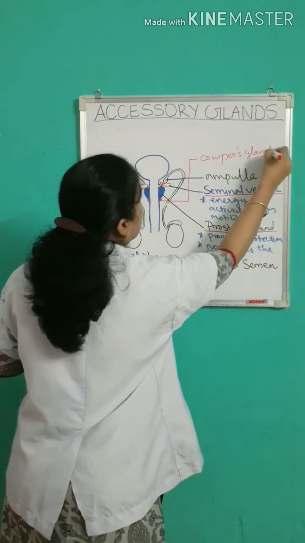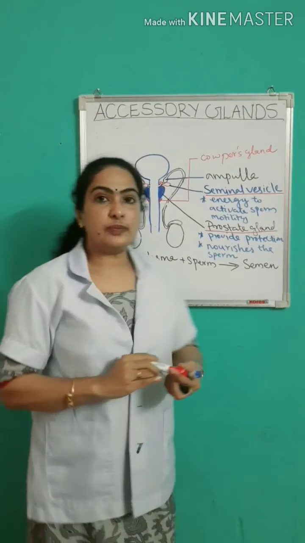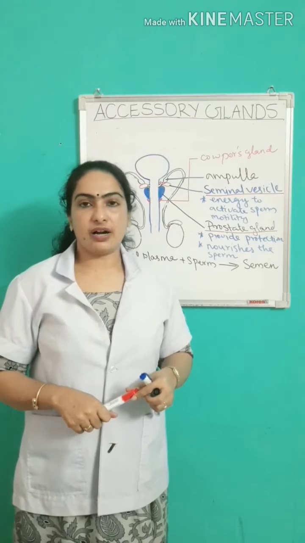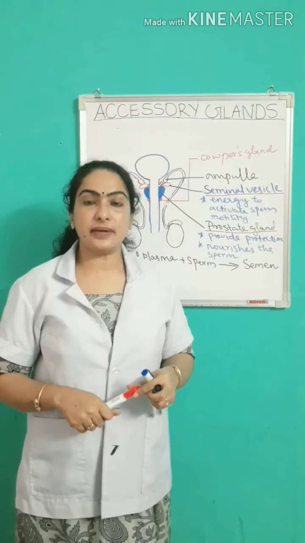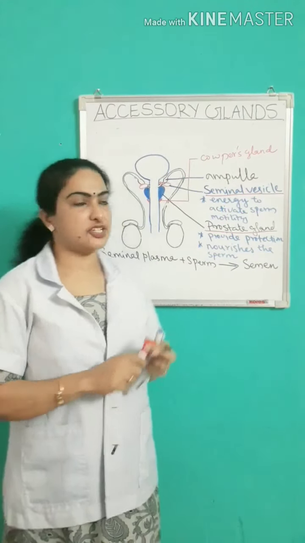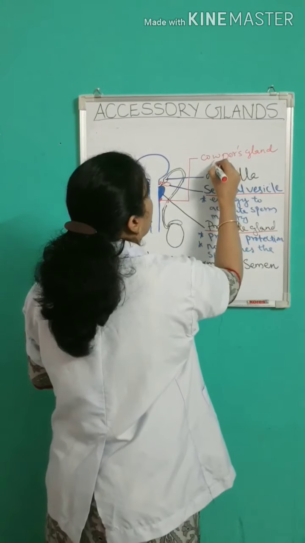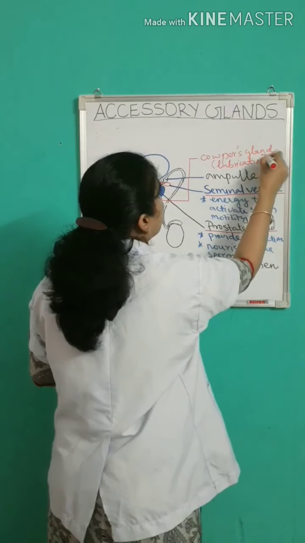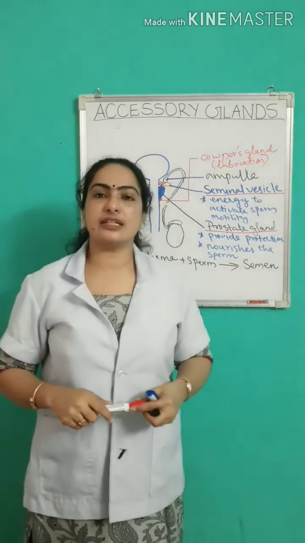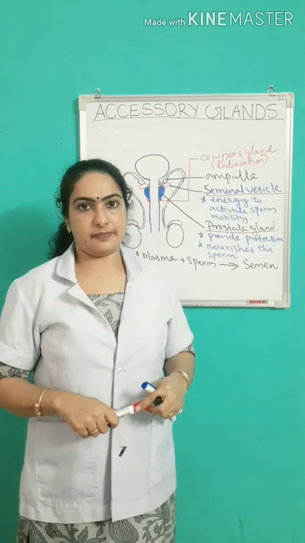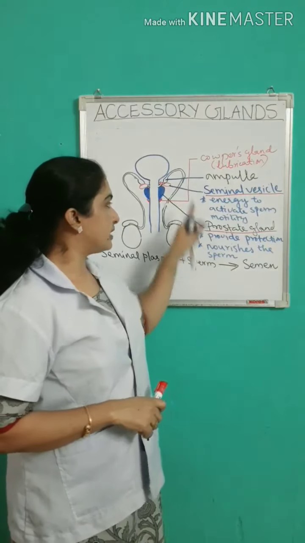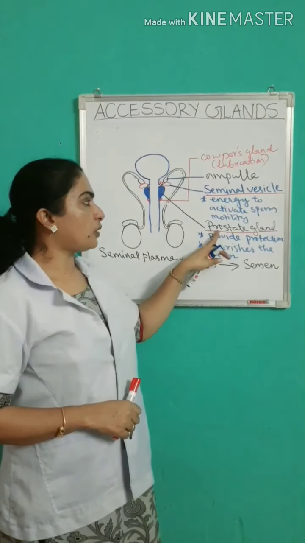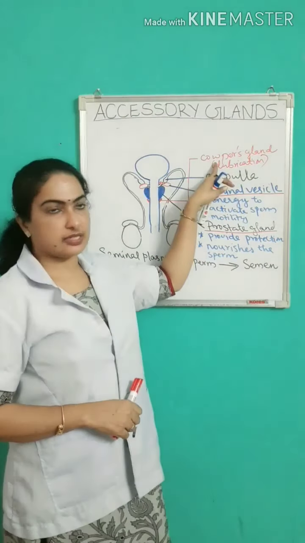And this Cowper's gland secretes a mucus, and that provides lubrication to the penis at the time of copulation. So the function of Cowper's gland is to provide lubrication to the penis at the time of copulation. So that is the function of Cowper's gland. Now all the glands are over: the seminal vesicles, prostate gland and Cowper's gland.